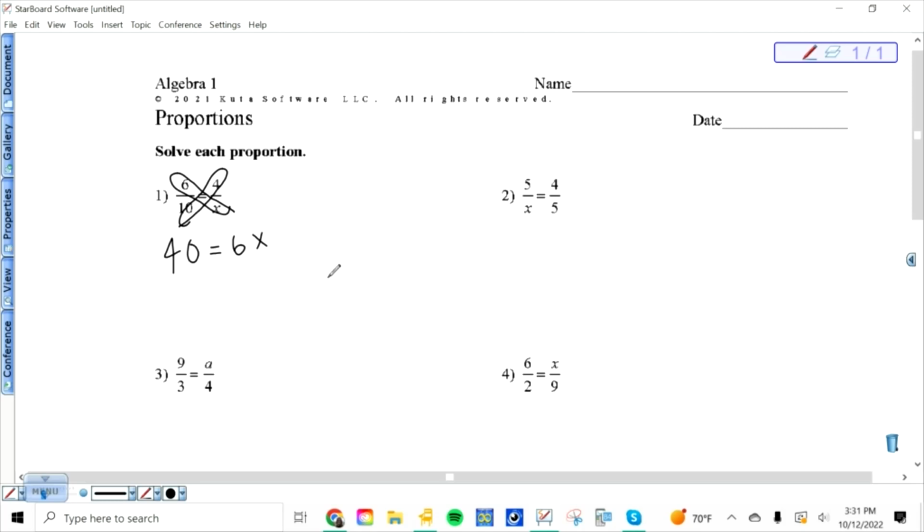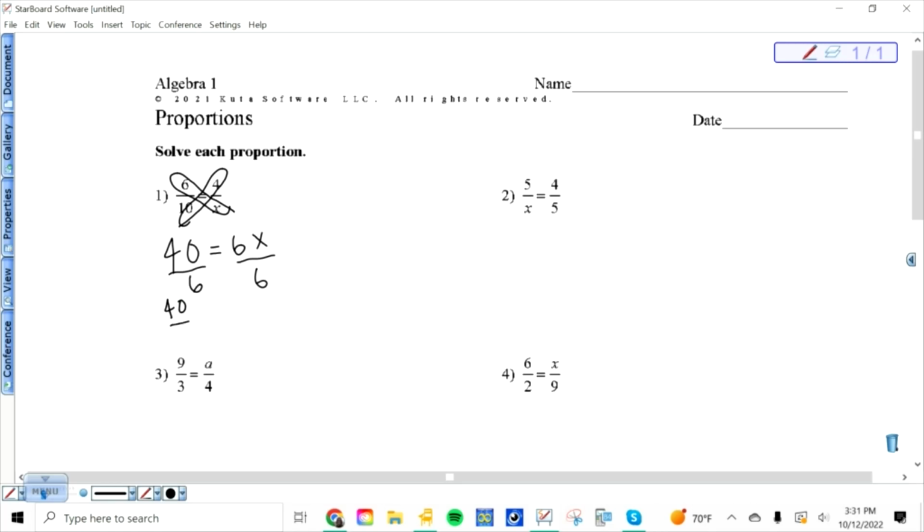Yeah, I got to get x by itself. So how do I get x by itself? Yeah, right, because I'm taking x, right here, I'm multiplying x times 6. If I want to undo that multiplication, I have to do the opposite of multiplying by 6, which is dividing by 6. So I divide both sides by 6.